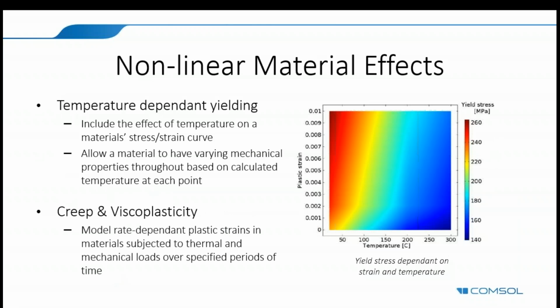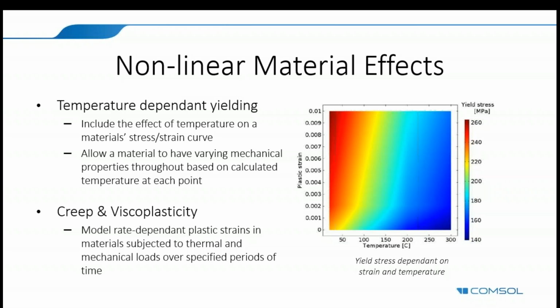In terms of looking at nonlinear material effects, you can easily account for multiple nonlinearities when you're defining your material. So rather than perhaps just specifying a material in terms of a stress-strain relationship, you could also incorporate temperature, so that rather than having a curve, you actually have a surface.